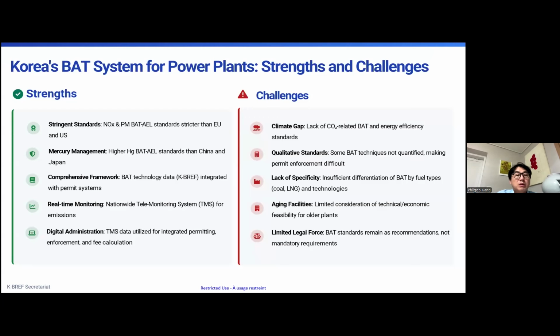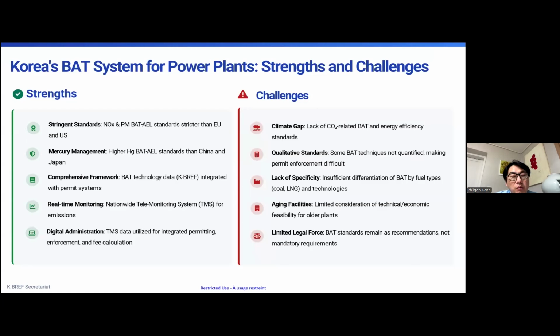The major strength is that we have much stricter standards for NOx and PM in the AEL than the EU and US. Also, for mercury management, we have a higher mercury standard than China and Japan, and a comprehensive framework.